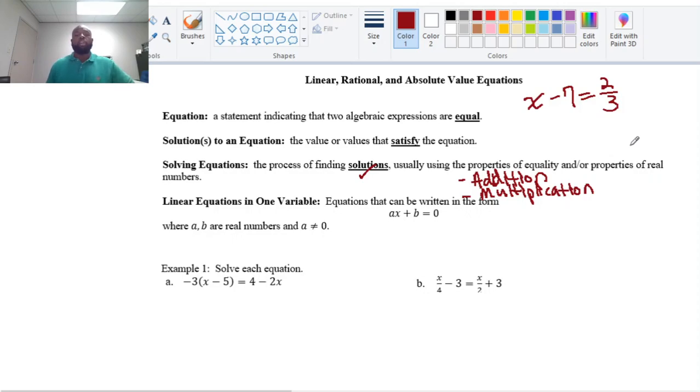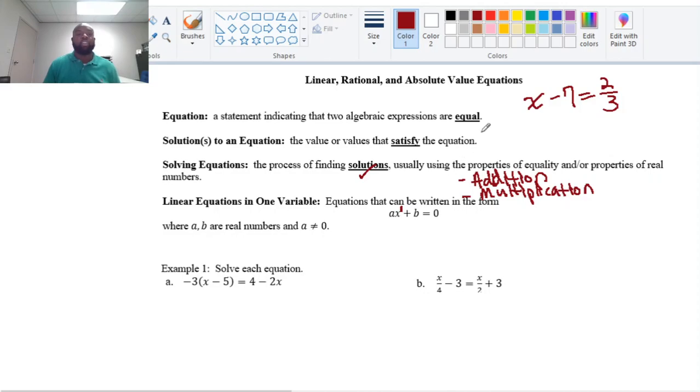Linear equations in one variable are equations that can be written in the form ax plus b equals 0, where a and b are real numbers such that a does not equal 0. Anytime you see "can be written in the form," it means you can write it so that it looks like this in general. Basically, we have a variable x written to the first power.